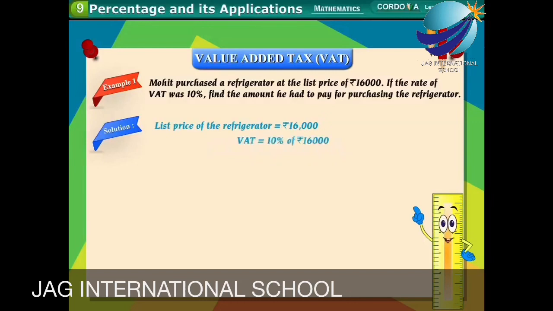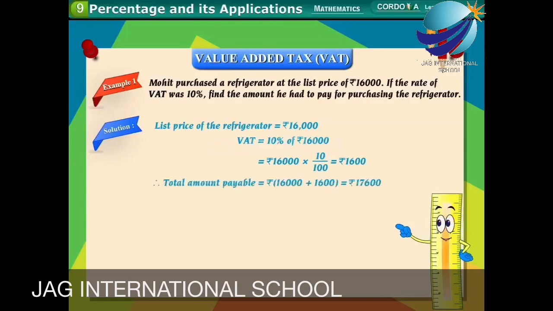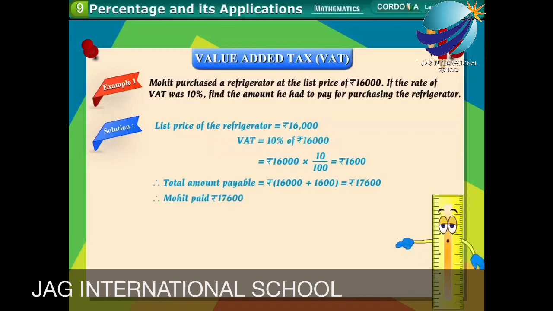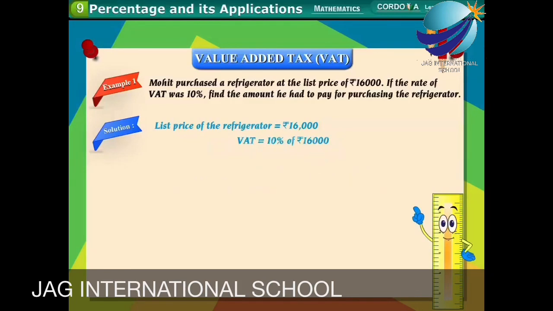VAT is equal to 10% of 16,000, which is equal to 16,000 into 10 upon 100, which is equal to 1,600. Therefore, total amount payable is equal to 16,000 plus 1,600, which is equal to 17,600. Therefore, Mohit paid Rs 17,600.